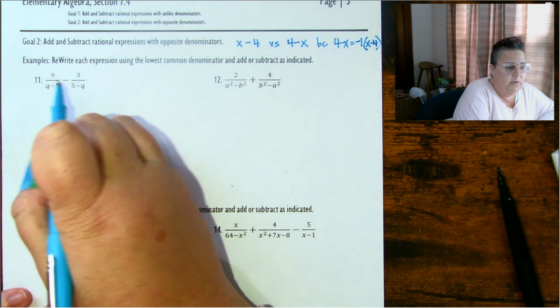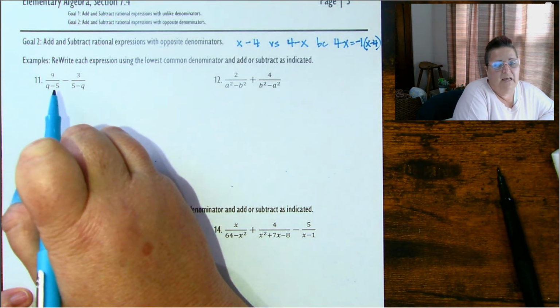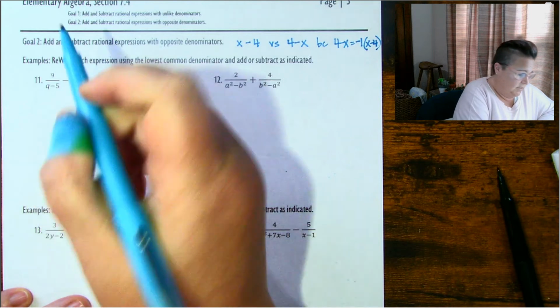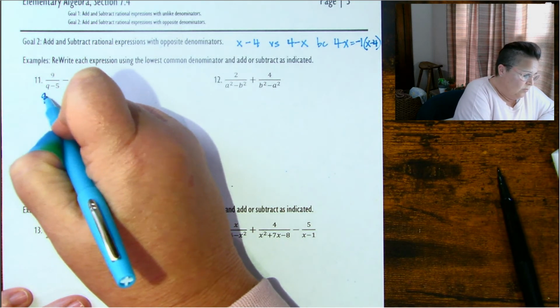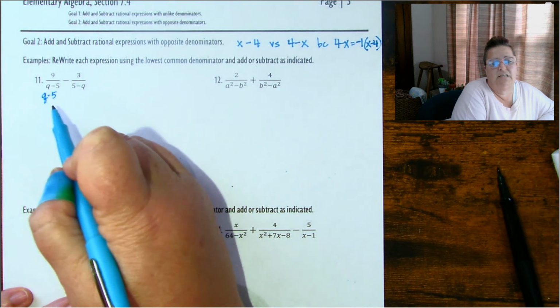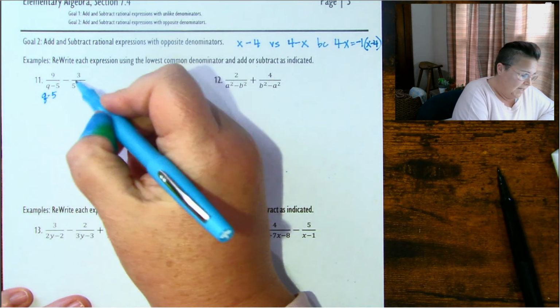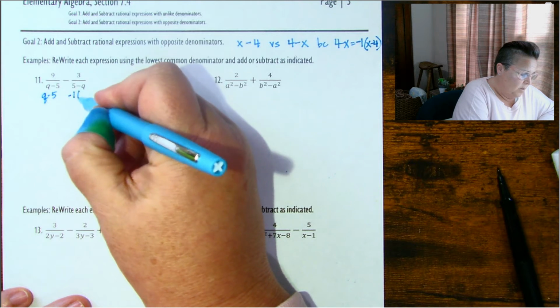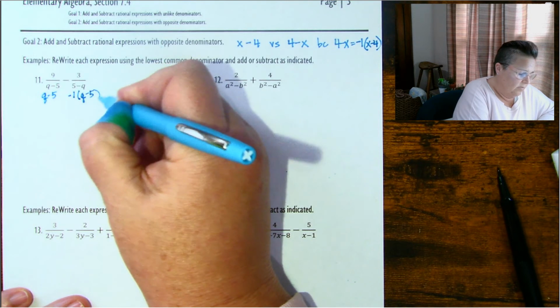If we look at problem number 11, we have q minus 5, and then we have 5 minus q. Do you recognize these as opposites? The first denominator is q minus 5. The second denominator is negative 1 times the q minus 5.